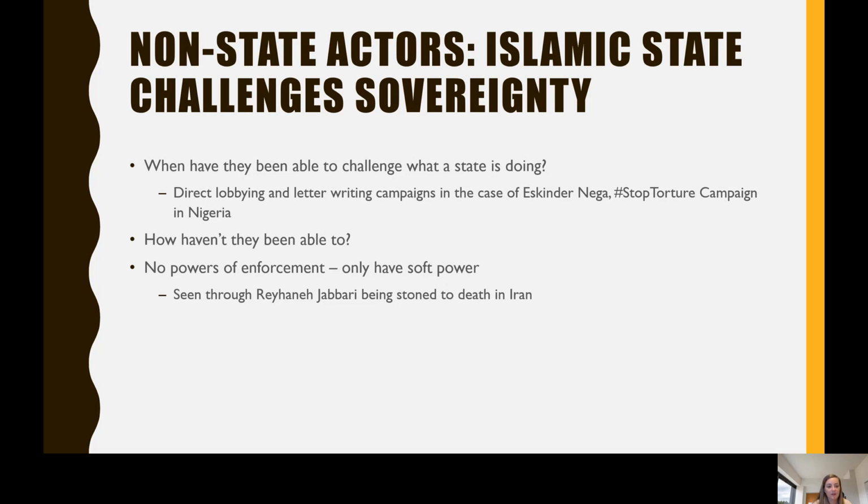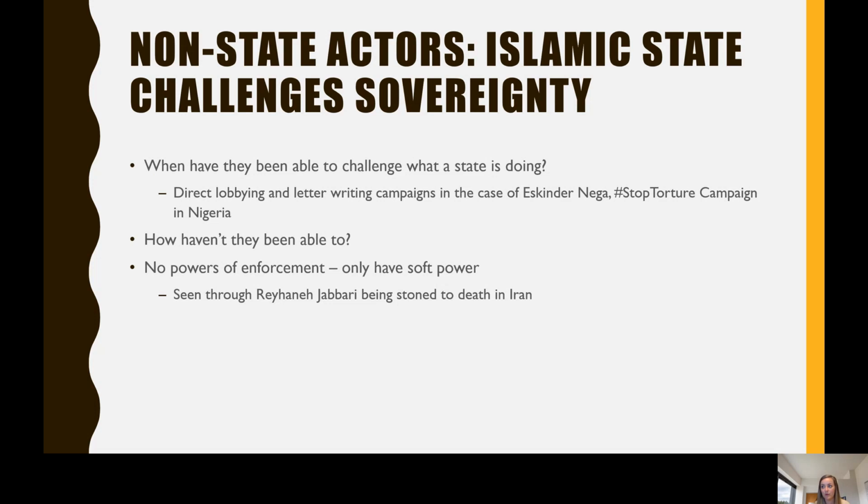However, because they lack power, because they lack enforcement and that hard authoritarian kind of power, they haven't really been successful in some places where they aren't concerned about their reputation in the international community. And this was seen in Iran, where a woman was stoned to death after being accused of adultery.